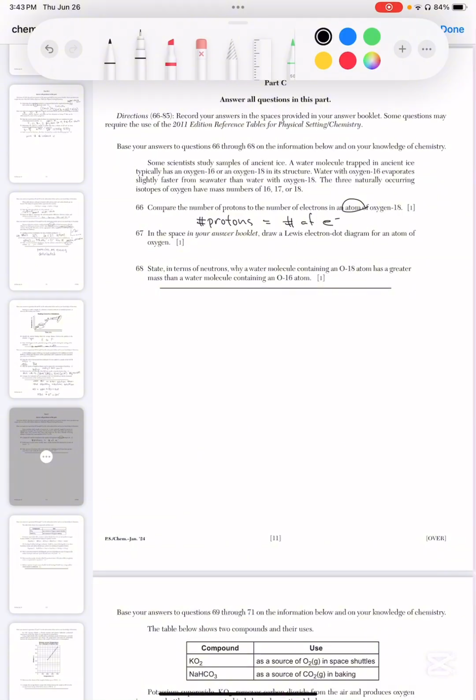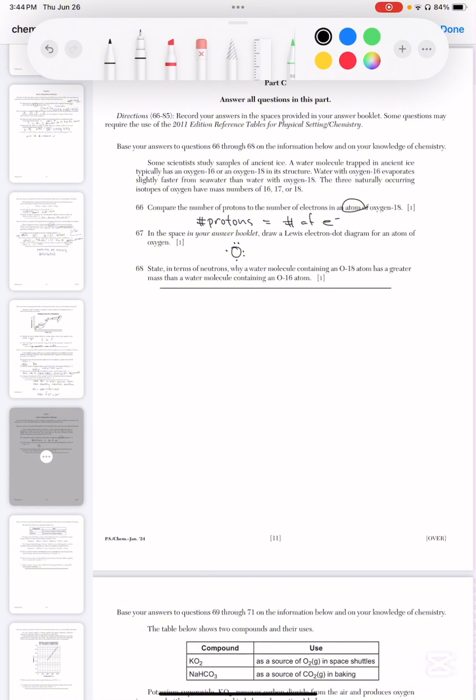An atom of oxygen gas? I'll just do an atom of oxygen. I think it's just testing to see if you know valence electrons and how to draw Lewis dot diagrams. So it would just be like this.